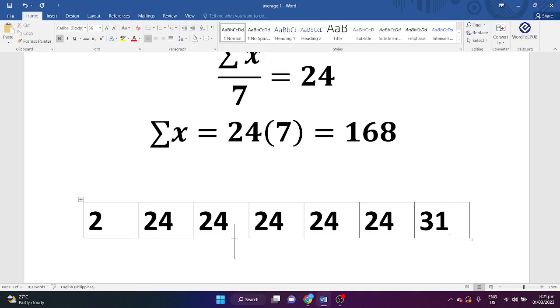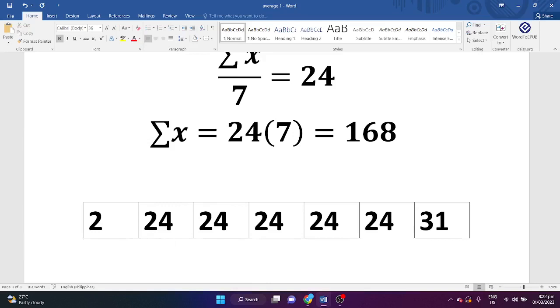So in the first unit, instead of having 24, we have 2. So 24, subtracting it by 2, here we are lacking with 22. Okay, let me change this one.